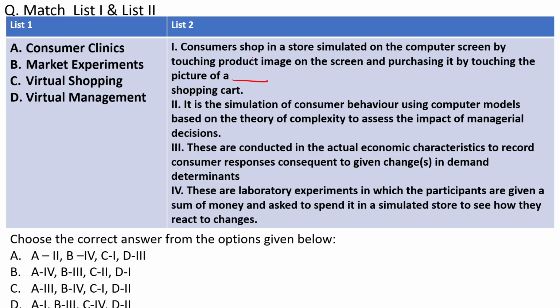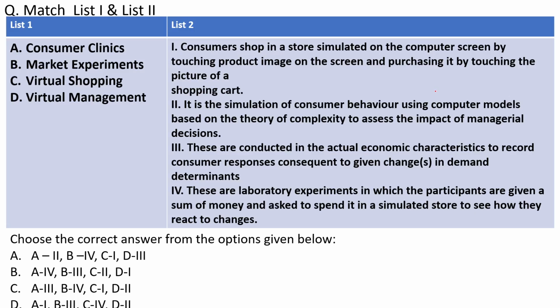Okay, so what can virtual shopping be? We all know virtual shopping is related to what? The simulation of consumer behavior in computer models based on the theory of complexity, which assesses the impact of managerial decisions. So this is the consideration under virtual shopping.